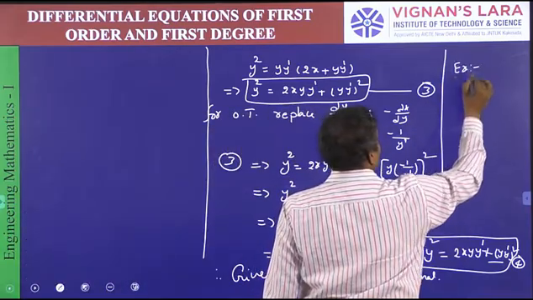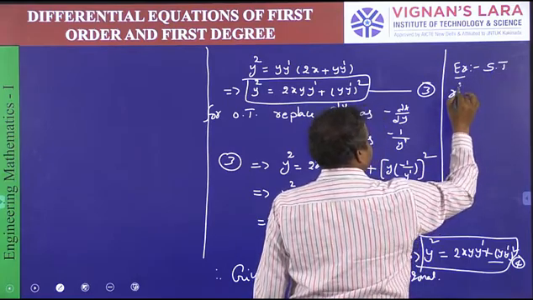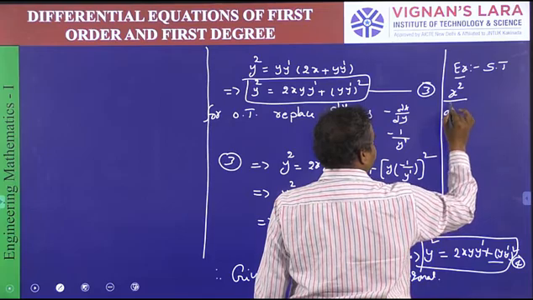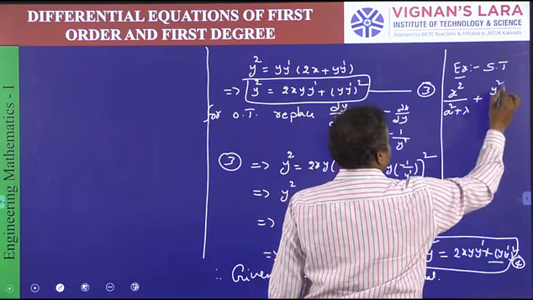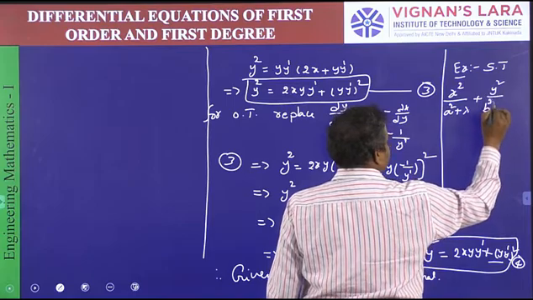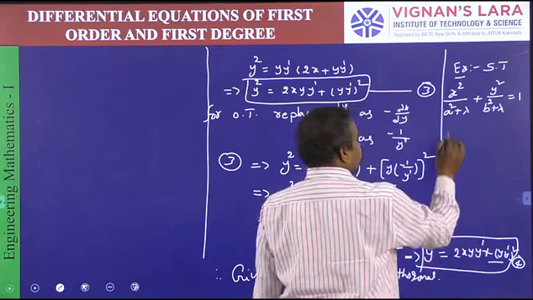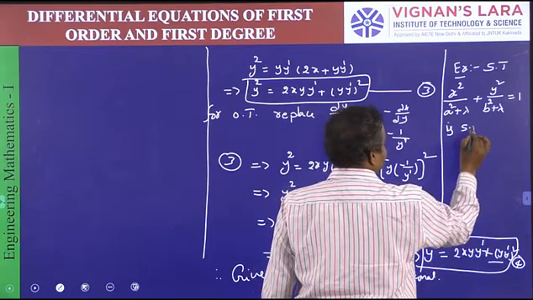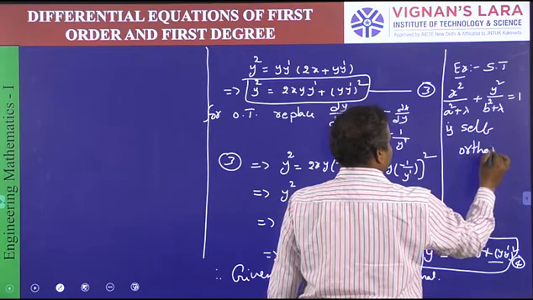Example, show that x squared by a squared plus lambda plus y squared by b squared plus lambda is equal to 1 is self-orthogonal.